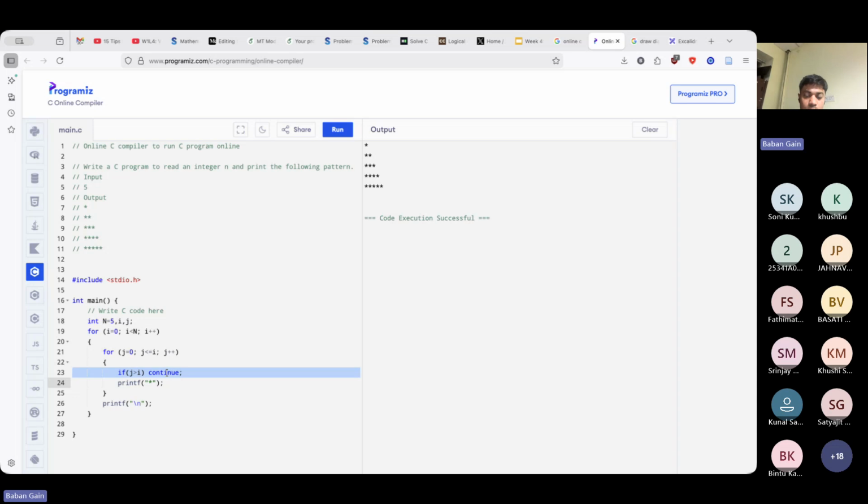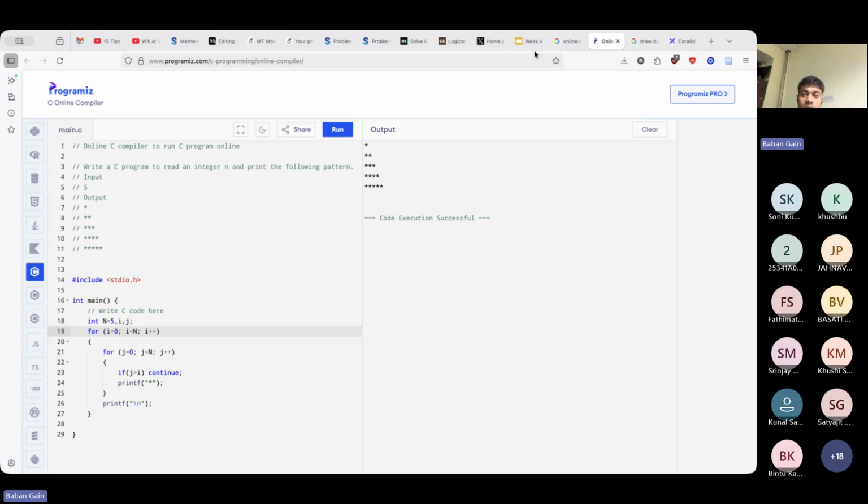That also will work. Both of the options are correct. Initially i equal to 0, j equal to 0, so it will print something. But in the next step j will become 1 and 1 is greater than i, so it will stop. In the second step i will become 1, so it will print 2 stars, then 3 stars, like that. So this is fine.